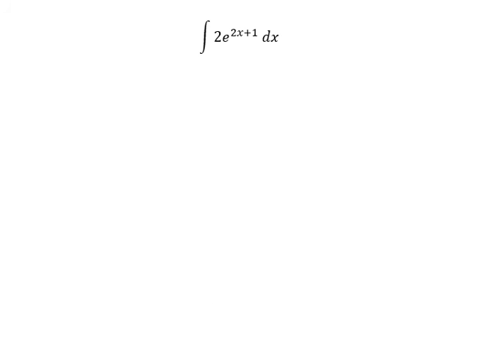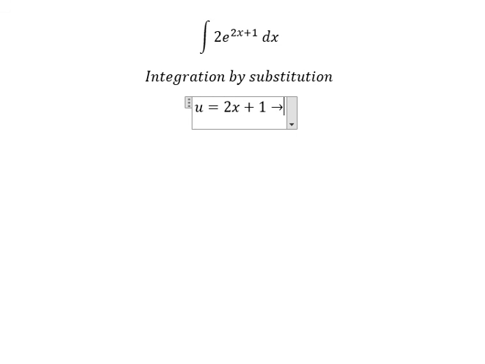Now let's go to the last one. We need to use integration by substitution. So I will put u equal to 2x plus 1. Later we do first derivative for both sides.